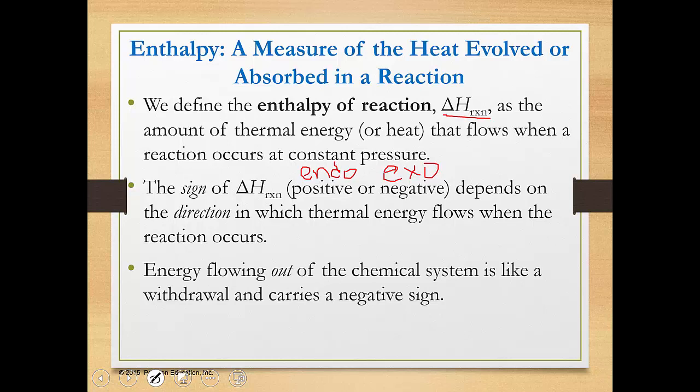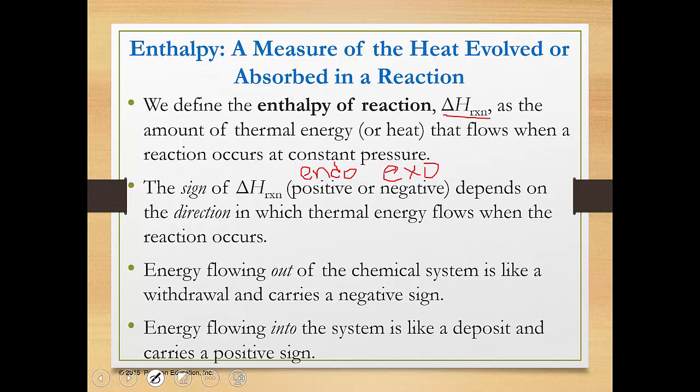So energy flowing out of a system is a withdrawal, carries a negative sign, flowing in, positive sign. So just to emphasize again, exothermic and endothermic. It becomes very important with enthalpy calculations to pay attention to positives and negatives. What is the sign for the final answer?